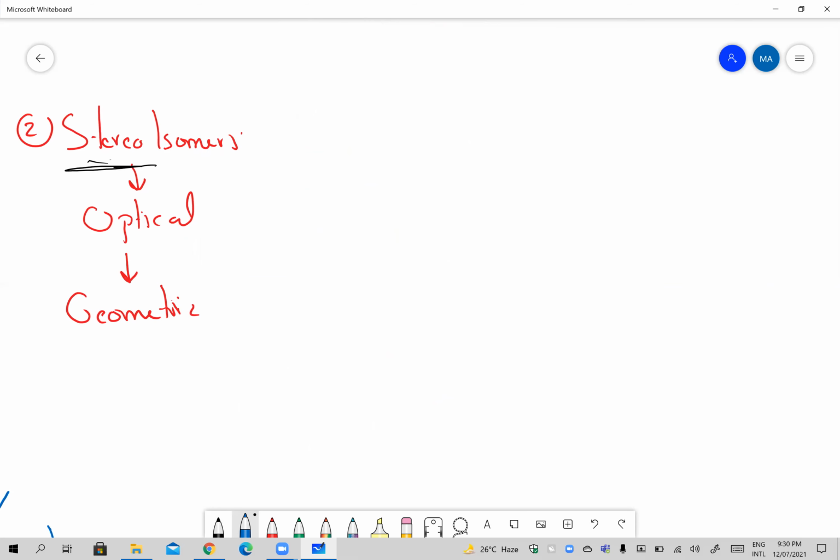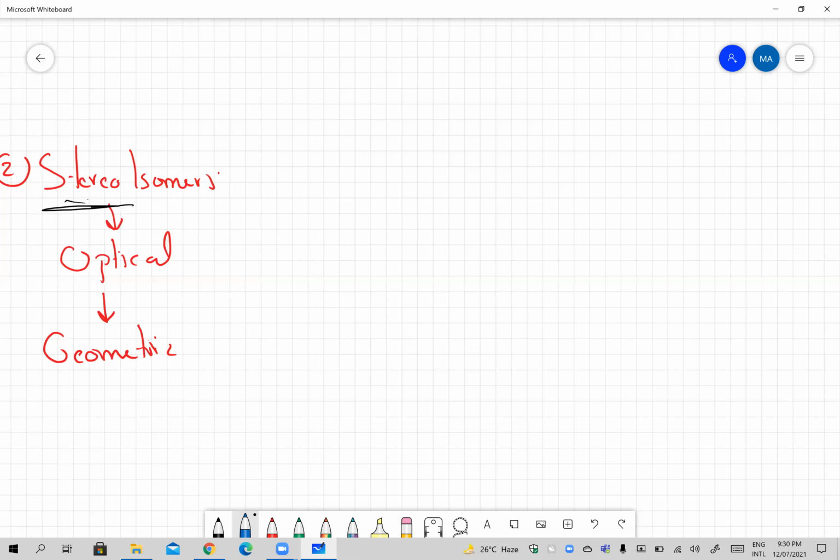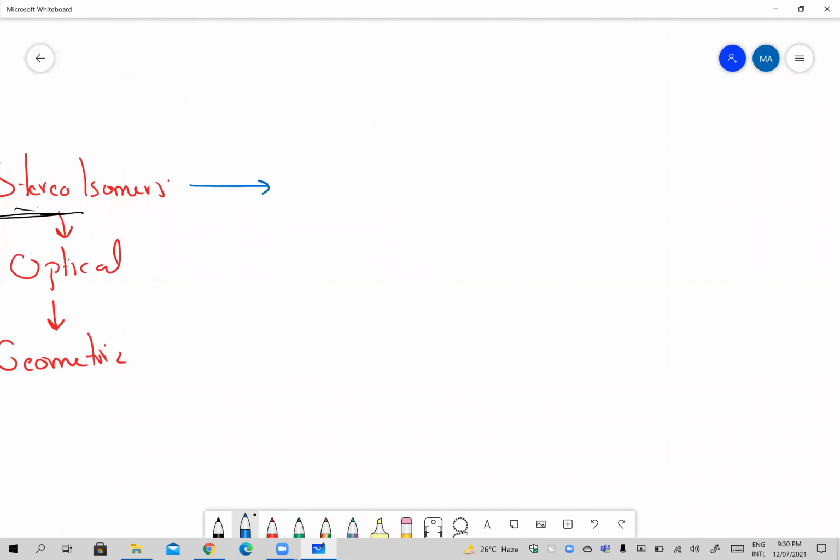Optical isomers now. So stereoisomers, let's just look at a definition for stereoisomers. Basically, they have the same molecular formulas. In this case, the structural formulas are also the same, but the arrangement of atoms is different.